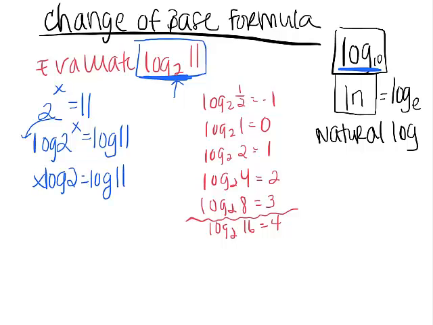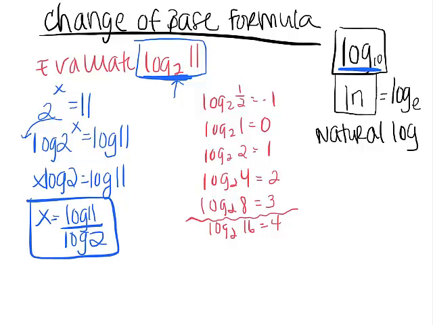And if I want to get x alone, I get x equals log 11 over log 2. Now, if I just type that into my calculator, I'm going to get the decimal approximation of that exponent. And I'm done. That's change of base. I just changed this log base 2 of 11 to something in base 10.